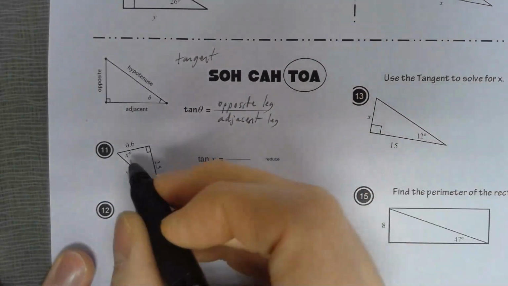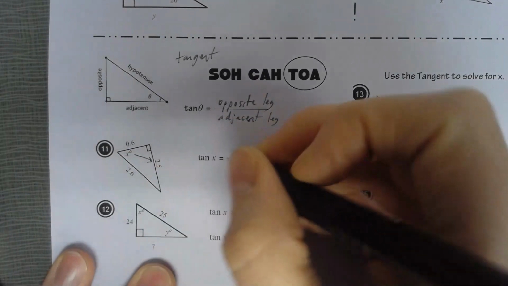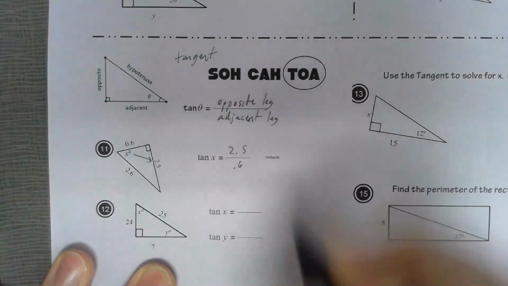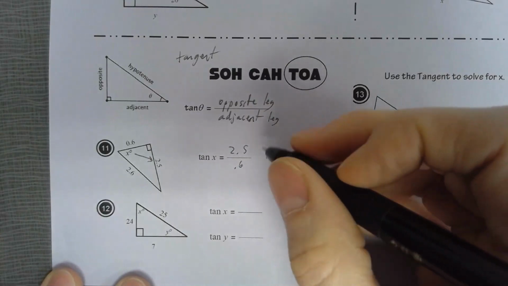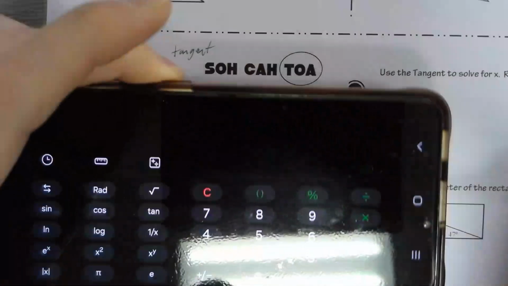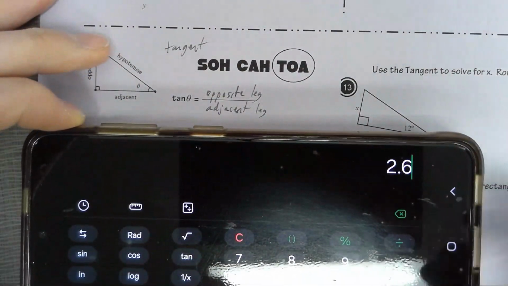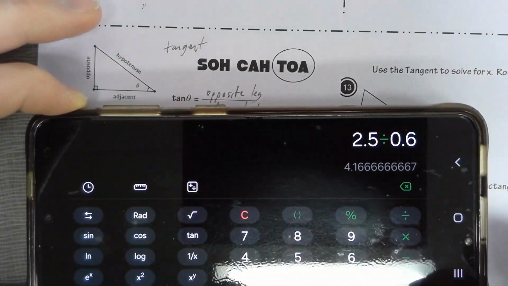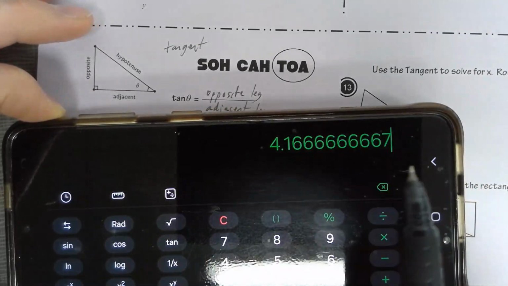So in this one, x is our angle, the opposite leg is the 2.5, the adjacent leg is the 0.6, and we can reduce the fraction. Now, in this case, they're both decimals, so for our reduced fraction, we could try dividing in our calculator to see if we have an obvious answer. So 2.5 divided by 0.6, I get 4.16 repeating.